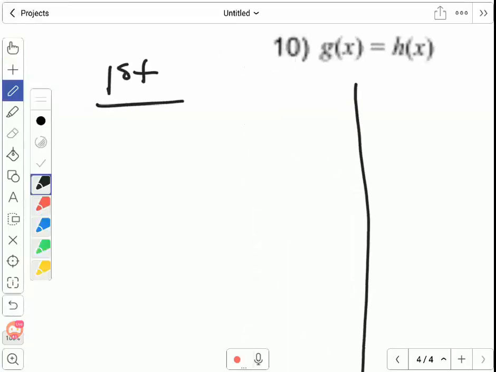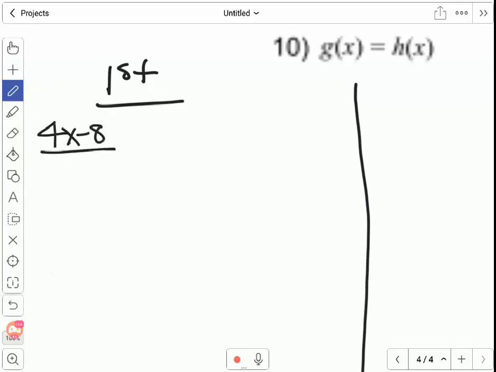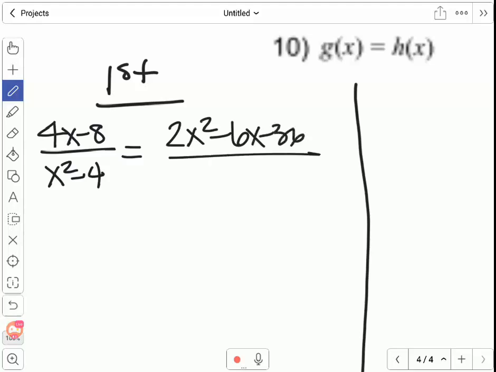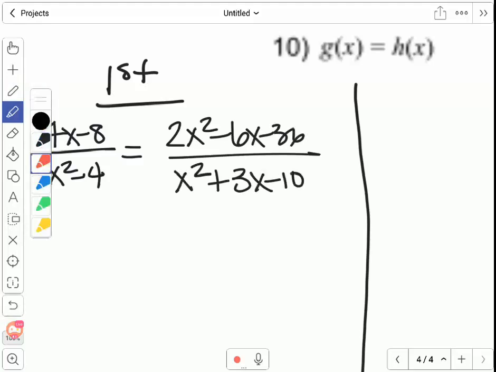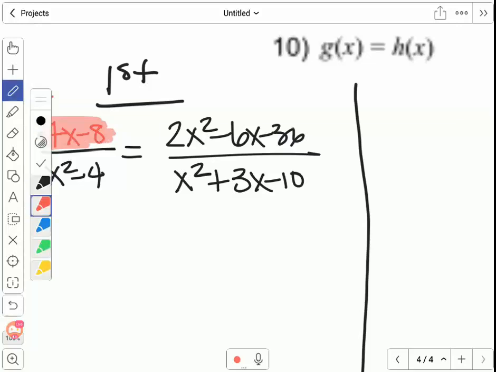So our problem says g of x, which is 4x minus 8, over x squared minus 4, is equal to 2x squared minus 6x minus 36, over x squared plus 3x minus 10. So again, this is for those of you who are physically present in first period today. So we start factoring, and we have 2 times x minus, nope, sorry, I did this all day today, by the way.